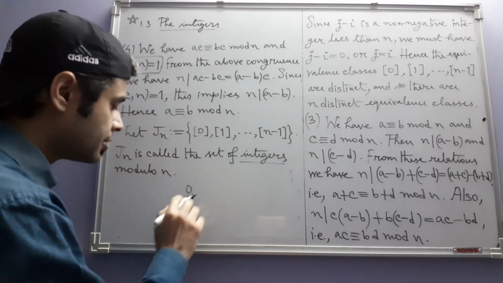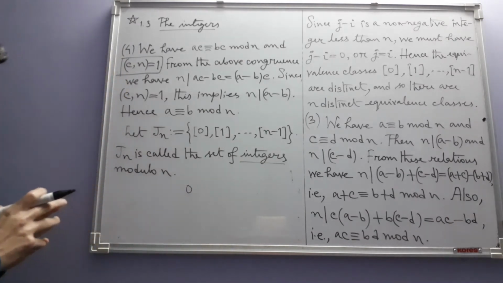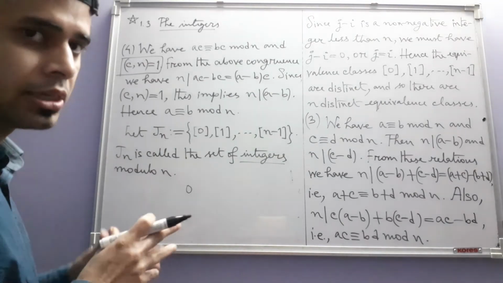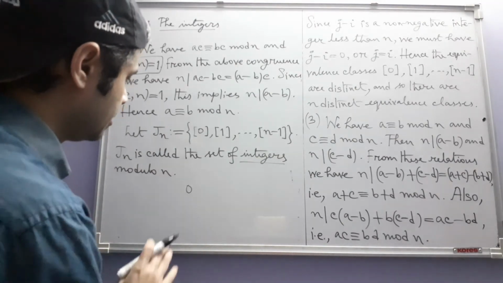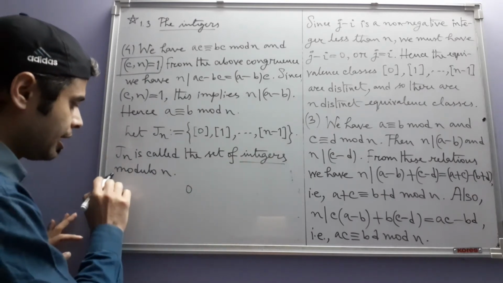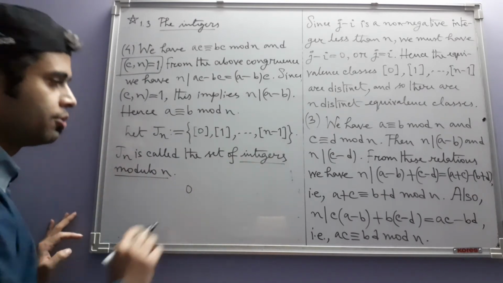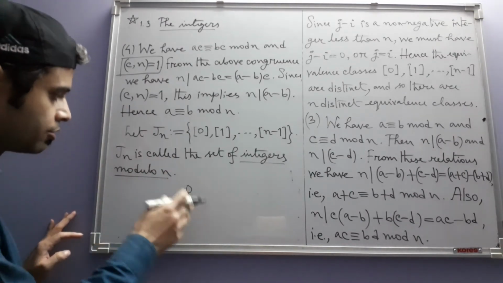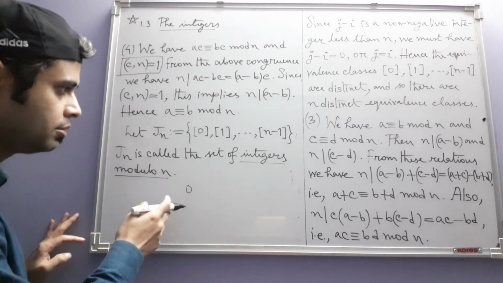So in that sense, those numbers are thought of as congruent or equivalent. That's why this is an equivalence relation, right? So in that sense, we say integers, but we add this separately, modulo n, with respect to the relation congruence modulo n, or up to division by n.